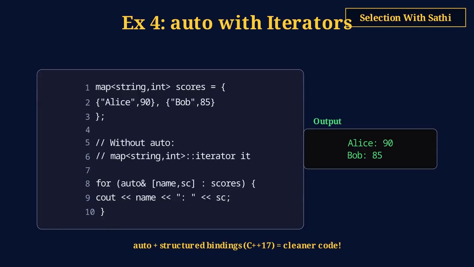Now n *= 2 doubles each element in place. After the loop, the vector contains 20, 40, 60, 80, 100. Always use auto& when you want to modify, or const auto& for efficient read-only access.